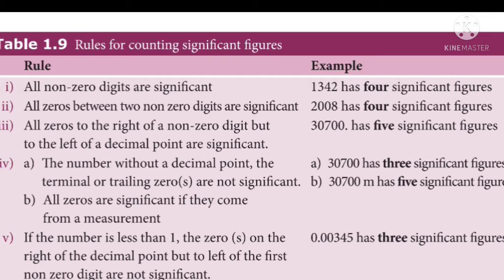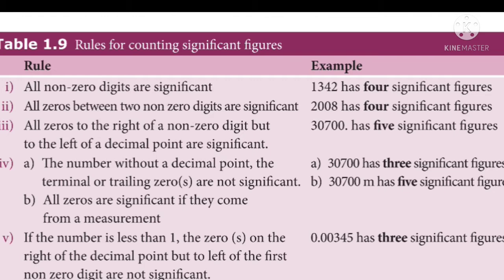Rule number 3. All zeros to the right of the non-zero digit but to the left of the decimal point are significant. Example, 30,700 with a decimal point. This number has 5 significant figures. You have to check the numbers to the left side of the decimal point.